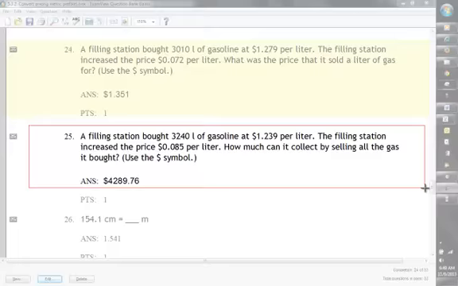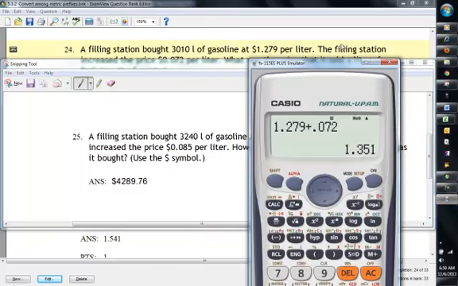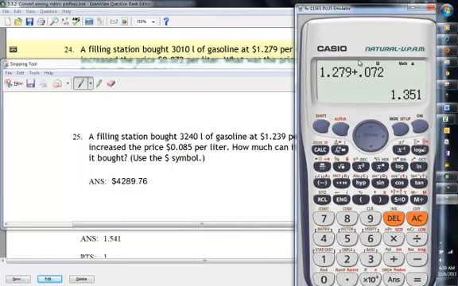Now the question changes slightly. How much can it collect by selling all the gas that it bought? So it's going to sell the gas for 1.239 plus 0.085.